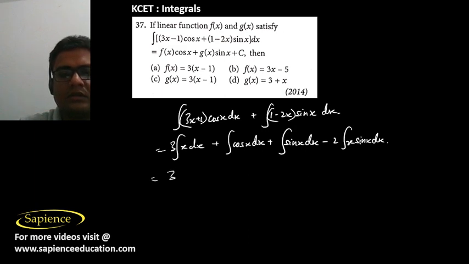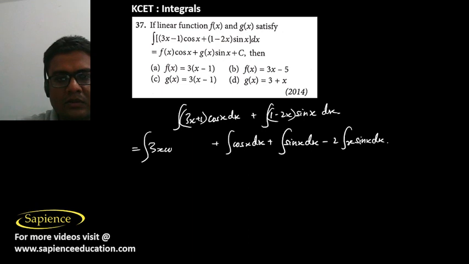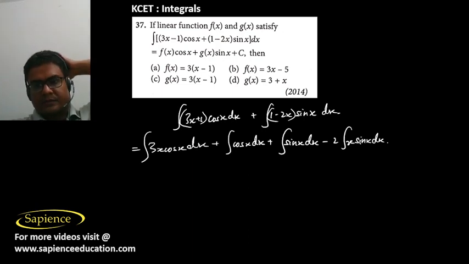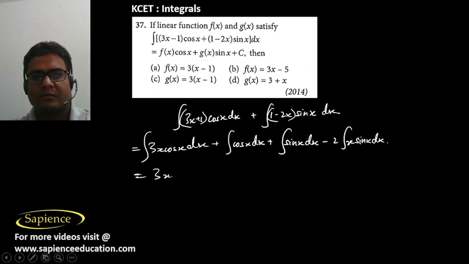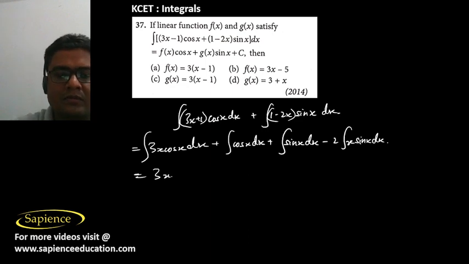The first term is the integral of 3x cos x dx, so this will be 3 into the integral of x cos x.